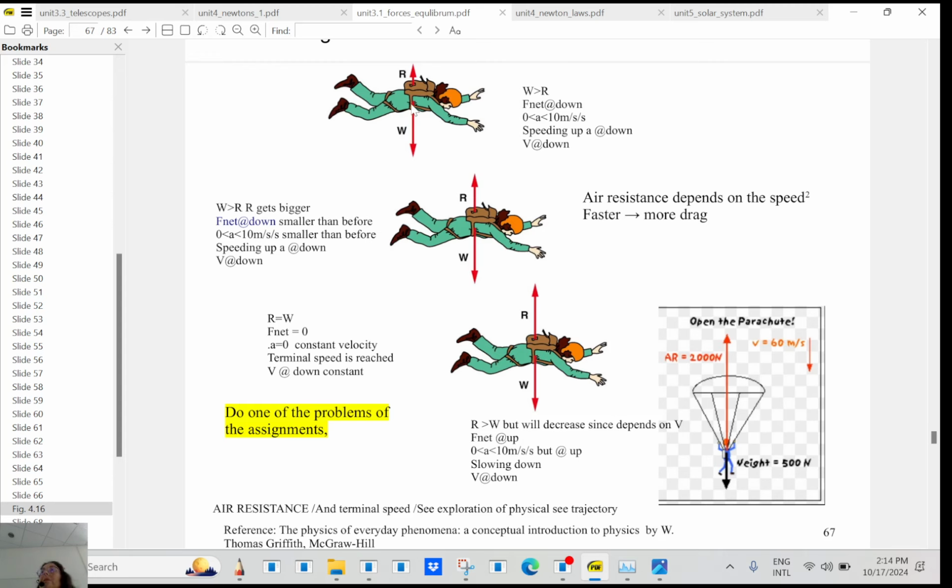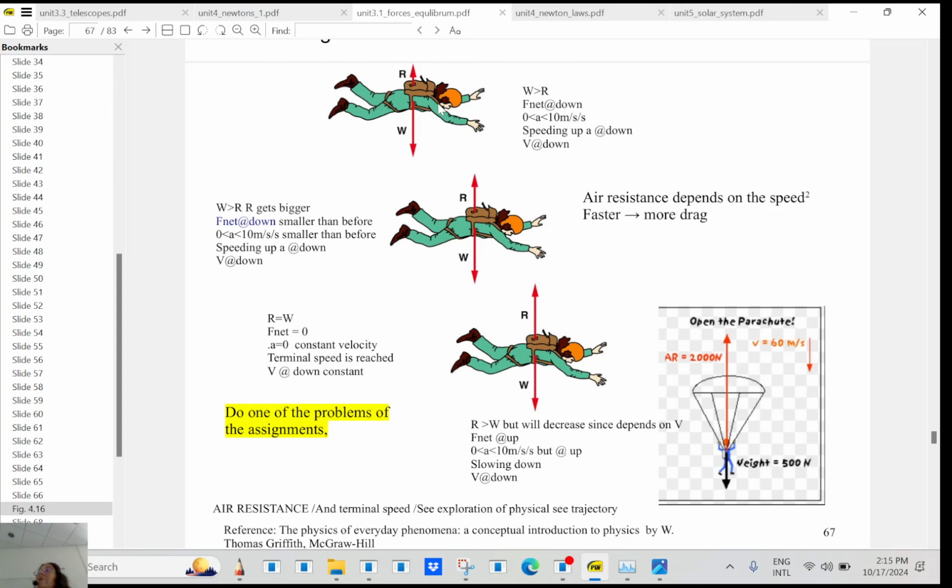Dealing with the acceleration, what matters is the net force. The acceleration will always be in the same direction as the net force. Example: she jumped from an airplane and air resistance starts to build up.